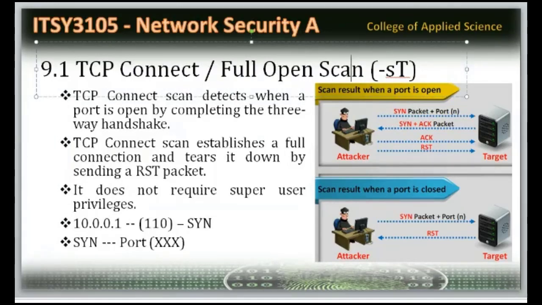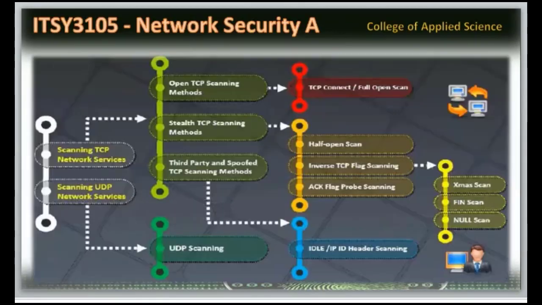Now I go to the previous slide. You can see I'm doing TCP scanning. I'm going here, open TCP scanning method. This is the first method: TCP connect full open scan. What is full open scan? You are sending a SYN, you are getting an acknowledgement, then you are giving an acknowledgement, then you are going to reset the connection.